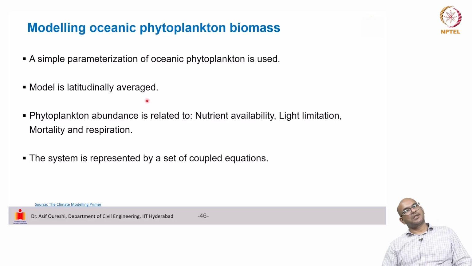The models are generally latitudinally averaged, and the phytoplankton abundance in these models is related to the nutrient availability, then the limitations or availability of light. All these will influence the phytoplankton growth. Then there is the mortality of phytoplankton, how fast they will die, and the respiration rates also.